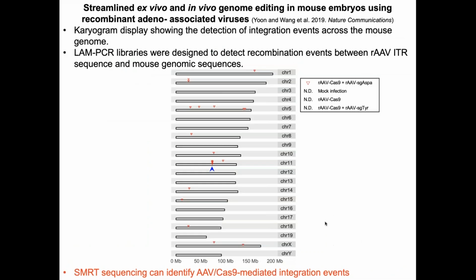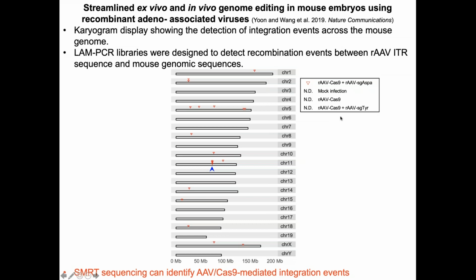I wanted to wrap up by saying that we have also been using SMRT sequencing to profile whether these gene editing platforms are safe, right? Not only do they need to be efficacious, but we also want to know that once patients have received these gene editing treatments, there are no other adverse effects.